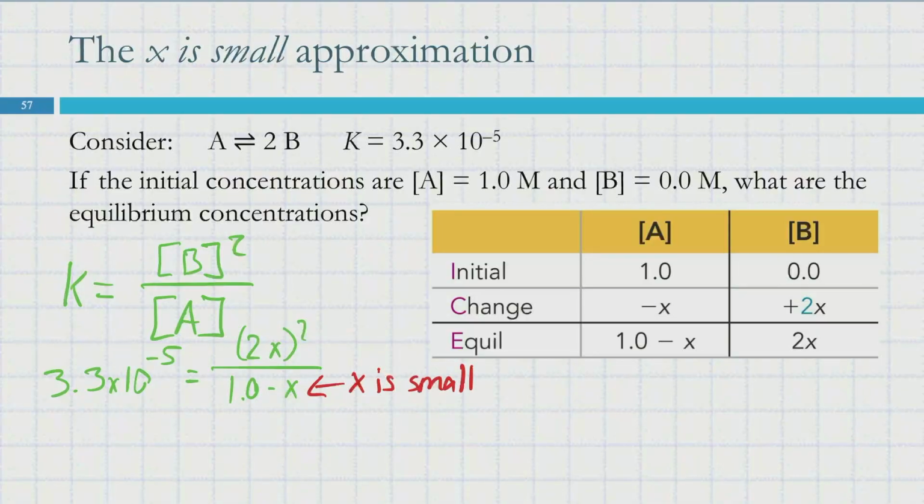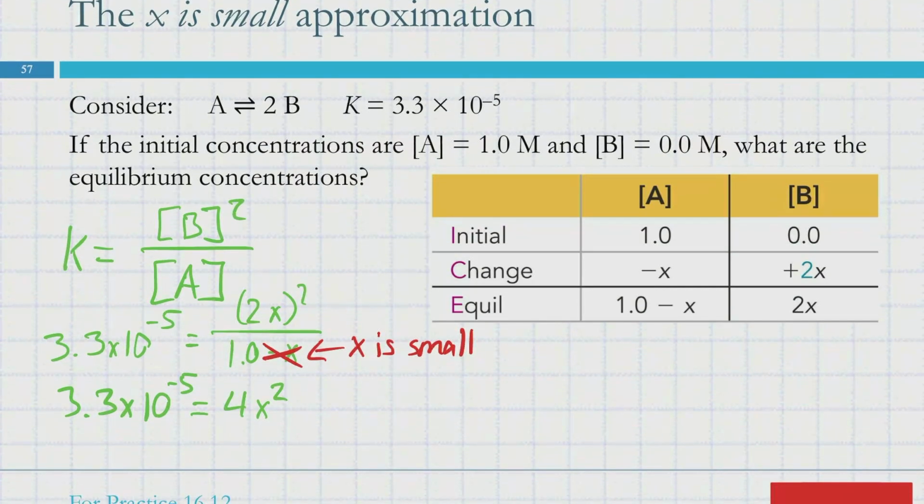Your book has examples of how to do those 5% comparisons. So if we say that x is small, we get rid of the x. And this simplifies to 3.3 times 10 to the minus 5 equals 4x squared.